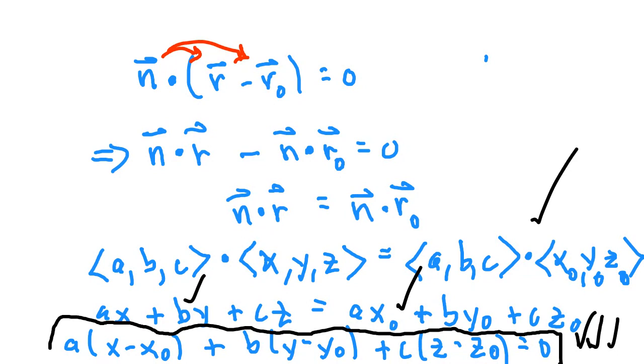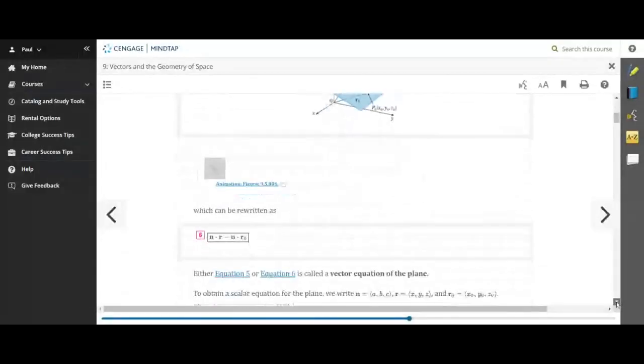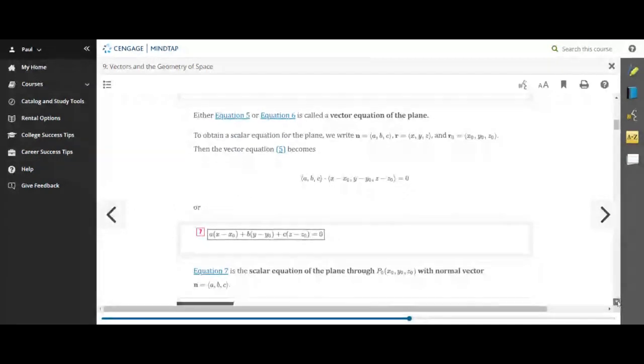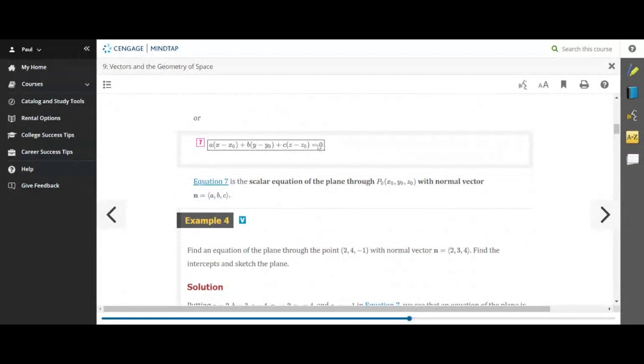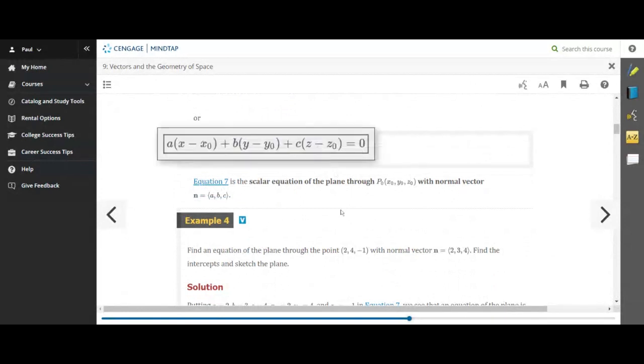And so now we have derived, using multivariable calculus, the equation of a plane.